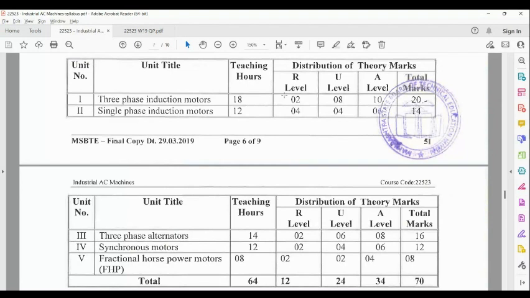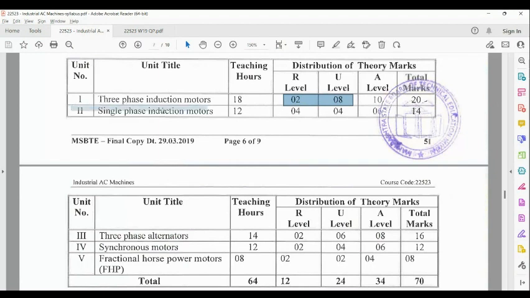So when you see first unit, easy questions are of remember and understand level, that is 2 and 8 marks. Here you can score the basic of 10 marks.